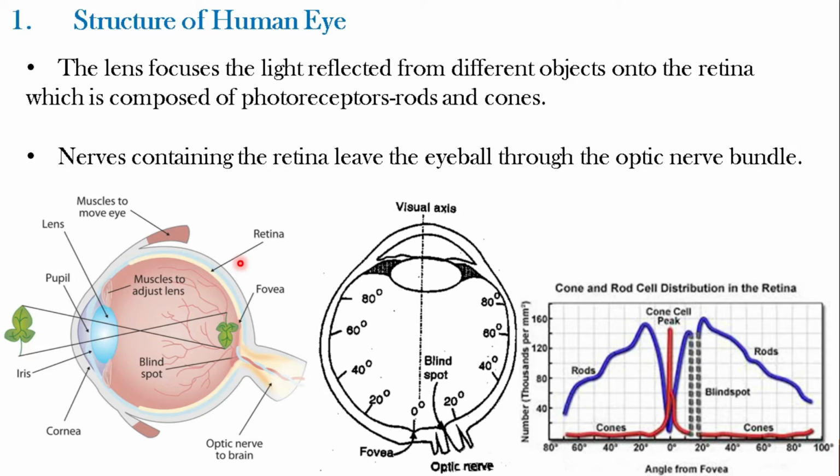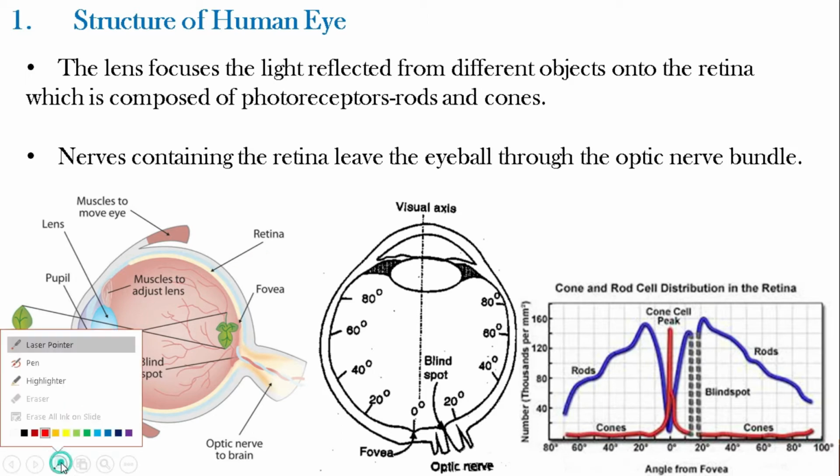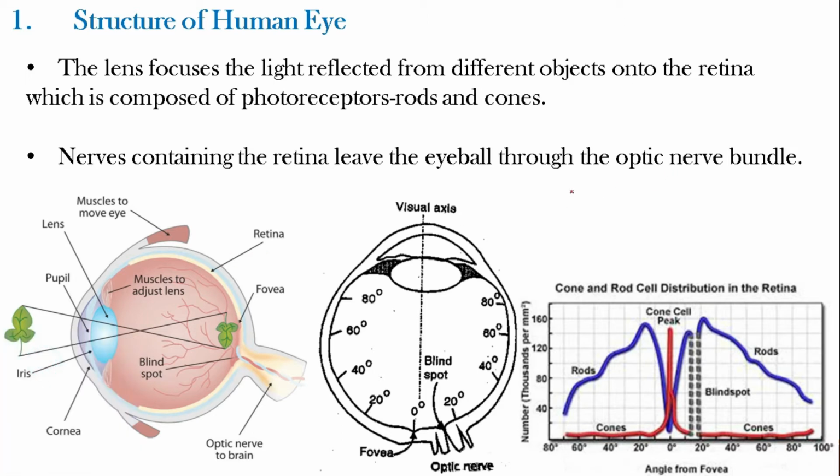Because the rods have the shape like rods and the cones have the shape like cones, right? So the rods are like this in shape and the cones are like this in shape. Each retina has 6 million cones and around 120 million rods.